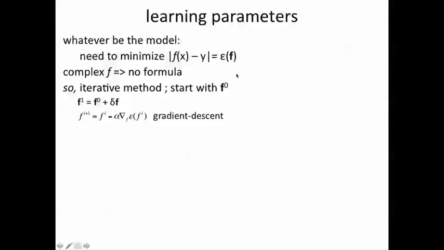String all those partial derivatives together and you'll get a vector, which is just this del sub f of epsilon. That vector tells you which direction to move each component of f so as to reduce epsilon. So, for example, if the first component of f is such that if you increase it, then epsilon decreases, then you would choose to increase that component of f.